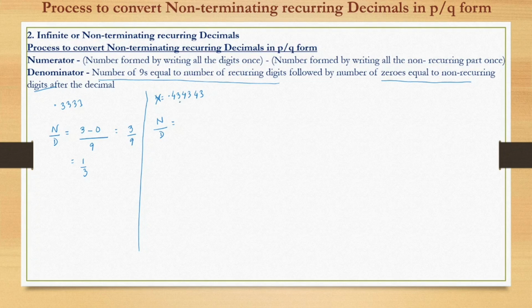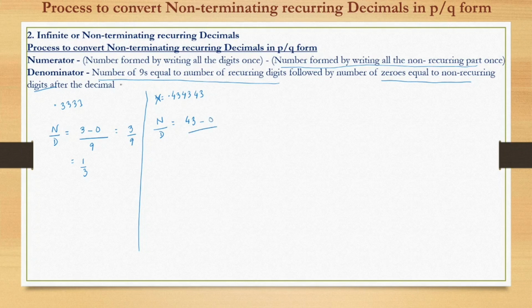The number found by writing all the digits once. How many different digits are here? Only two digits, 4 and 3. Minus the number formed by writing the non-recurring part once. Do we have any non-recurring digits? No, we have 4 and 3, and both the digits are recurring. So here it is 0.